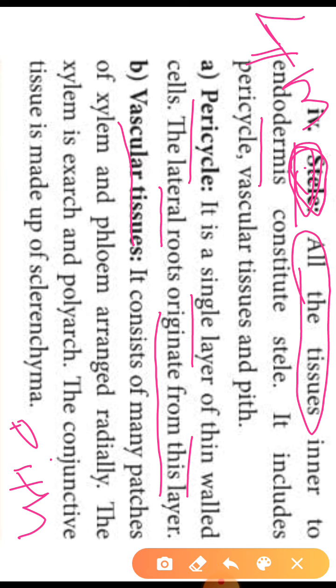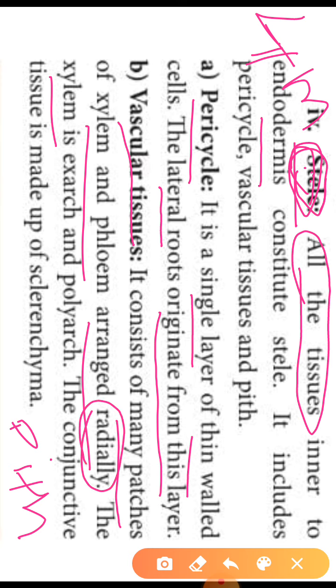Next, vascular tissue. It consists of many patches of xylem and phloem, arranged radially.